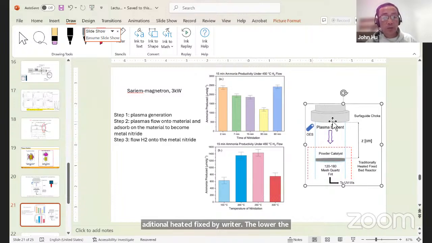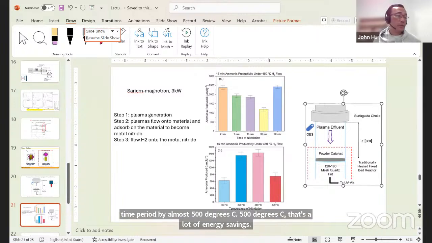But once you generate plasma, we don't have to maintain this at 700 degrees C. We can maintain this at a very low temperature. So this is certainly much better than conventional heating. Conventional heating, you need to maintain 700 degrees C. So we can lower the temperature by almost 500 degrees C. 500 degrees C, that's a lot of energy savings. Make sense? Any question on this curve?